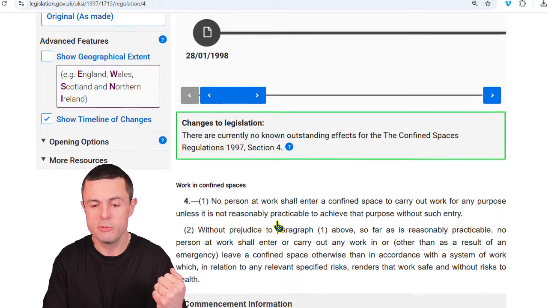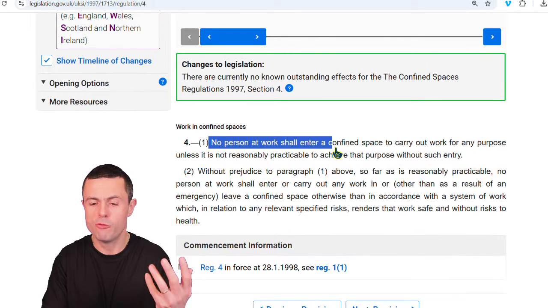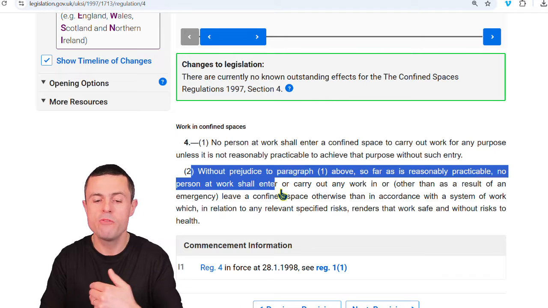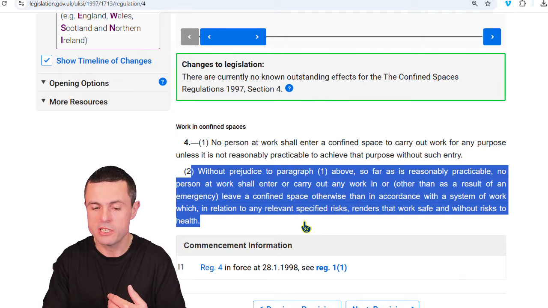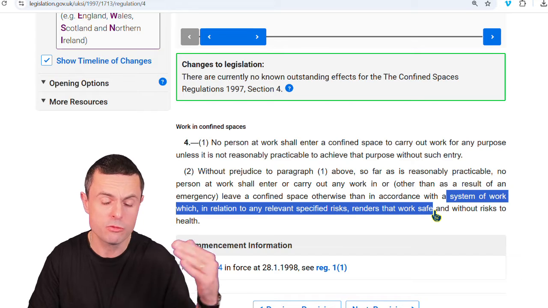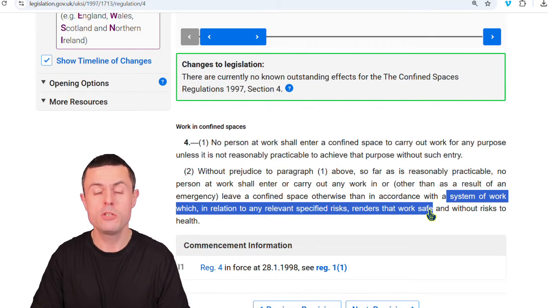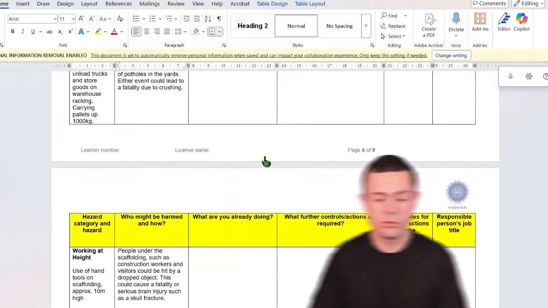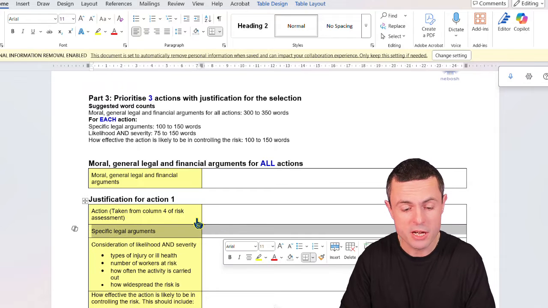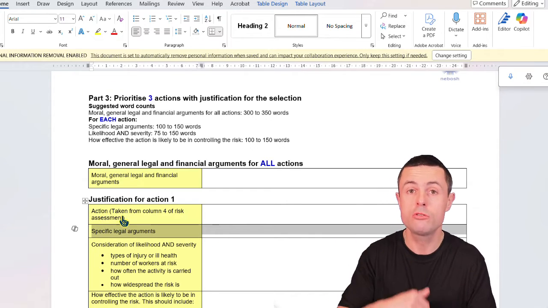It goes into a little bit more detail there about avoiding entry and also entering with a safe system of work, with a system of work that renders the work safe. So two main duties for you to refer to there when you are writing your specific legal arguments in this box. So if you have a confined space action here, you can use those duties to justify your action.